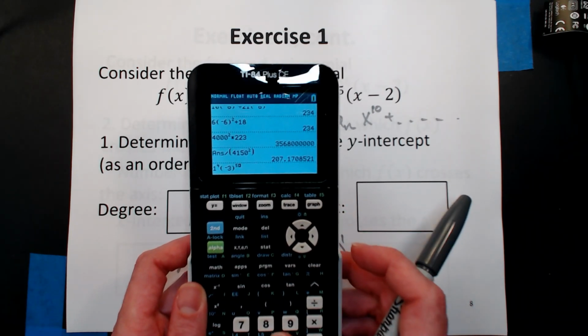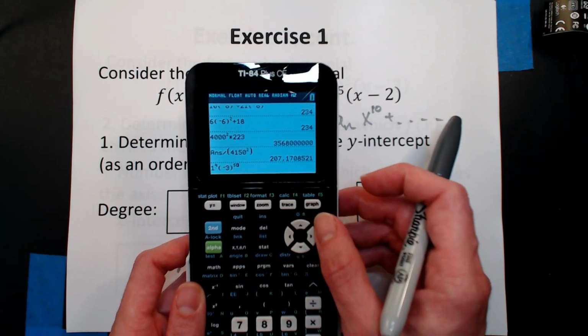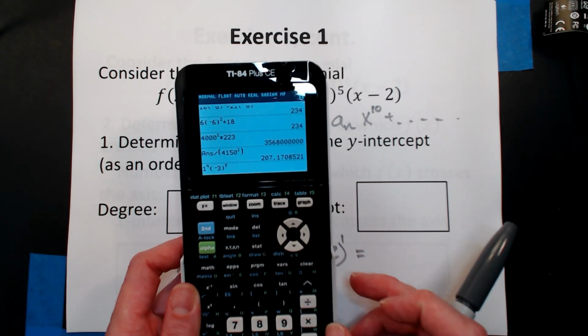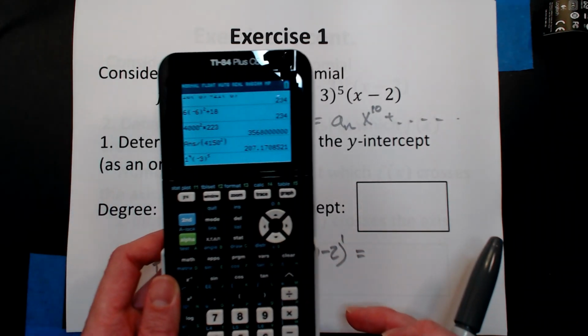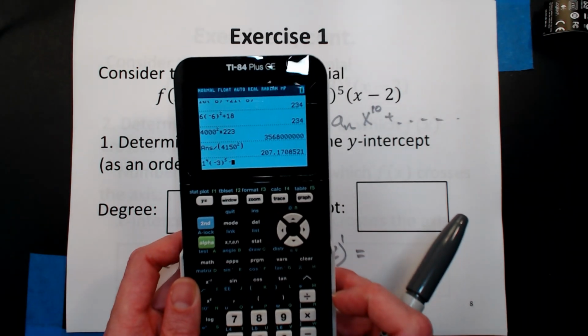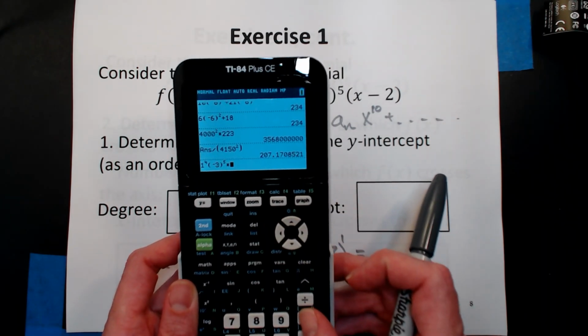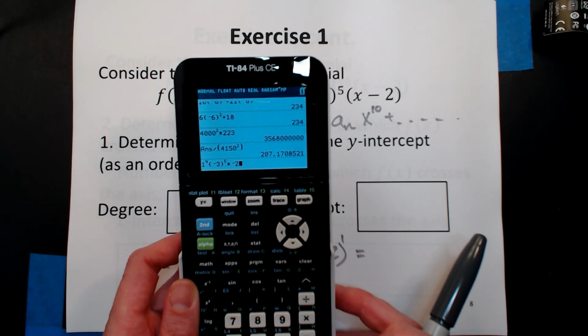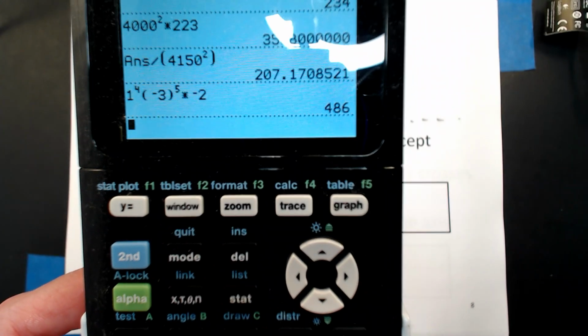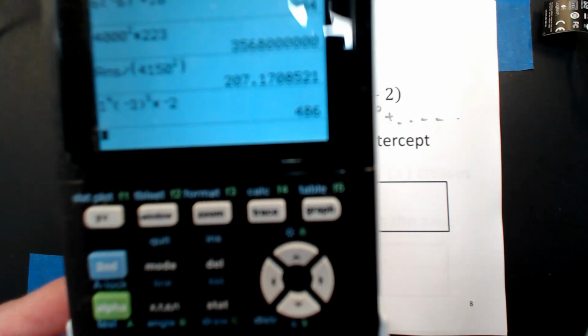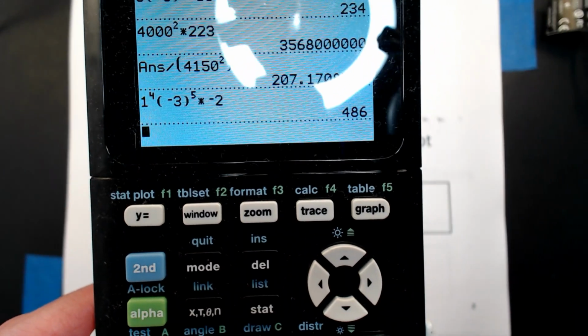Then we're going to have negative 3, so we need parentheses, negative 3 to the 5th power. Then we have negative 2 to the 1st power, so I don't need to do the 1st power there. That's 486.